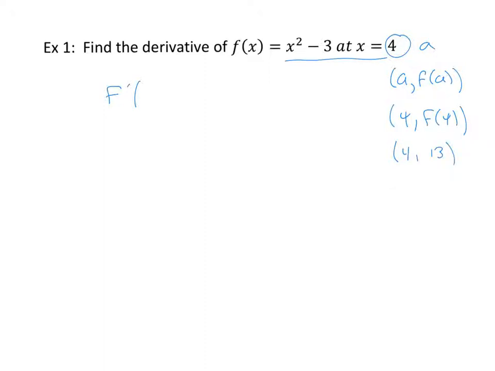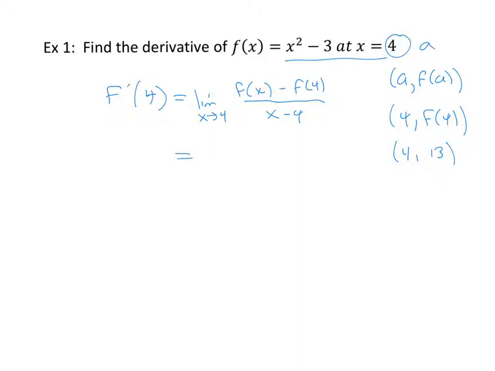So notationally, f prime of 4 equals the limit as x goes to 4 of f of x minus f of 4 divided by x minus 4.